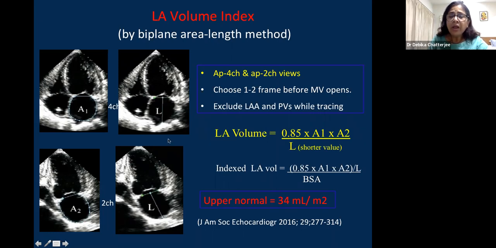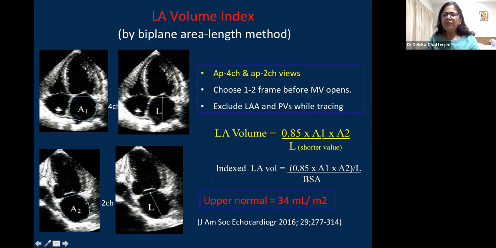Now, you need to take care that the difference between these two lengths should not be more than 10%. If it is more than 10%, then an error comes. So you need to repeat the procedure from the beginning. So the difference in these two measurements should not be more than 10%.